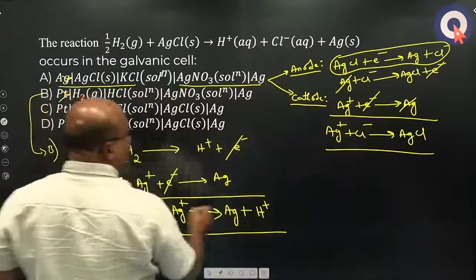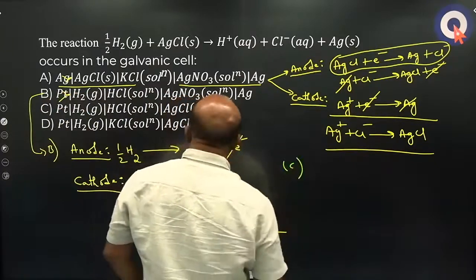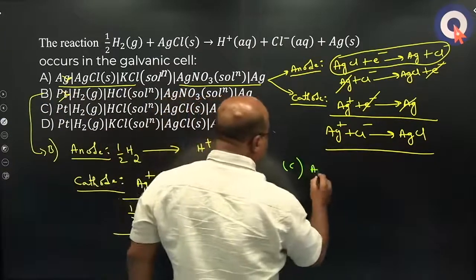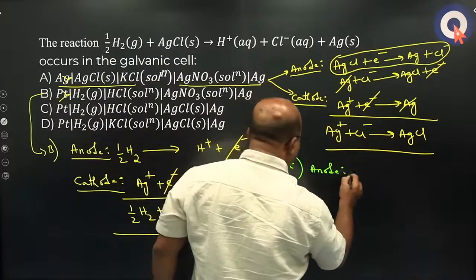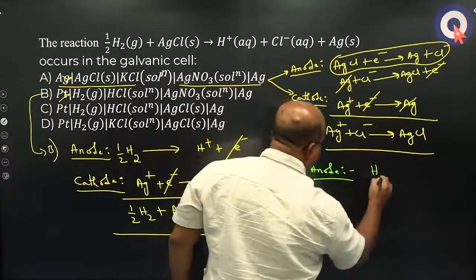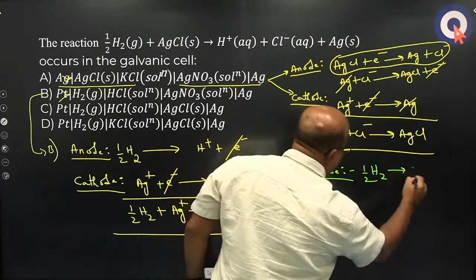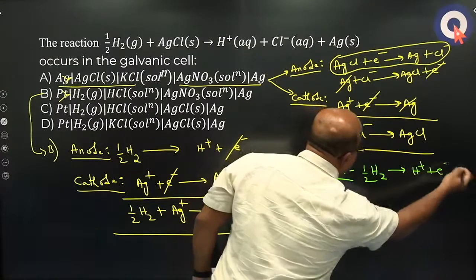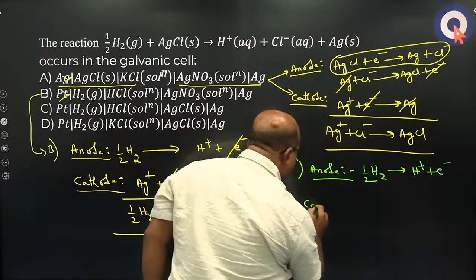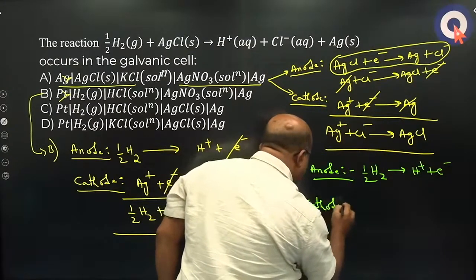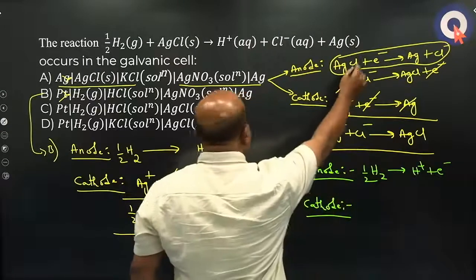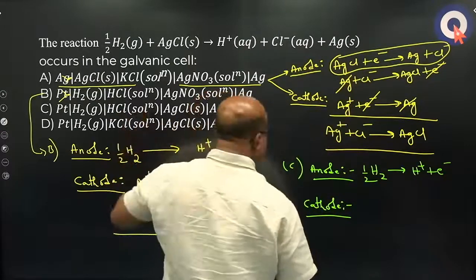So in option C, what will be our cell reaction at the anode? The anode reaction is again the same: half H2 is converting into H+ plus electron. What is the cathode reaction? It's a reduction reaction like what we already wrote here. AgCl in Cl minus.